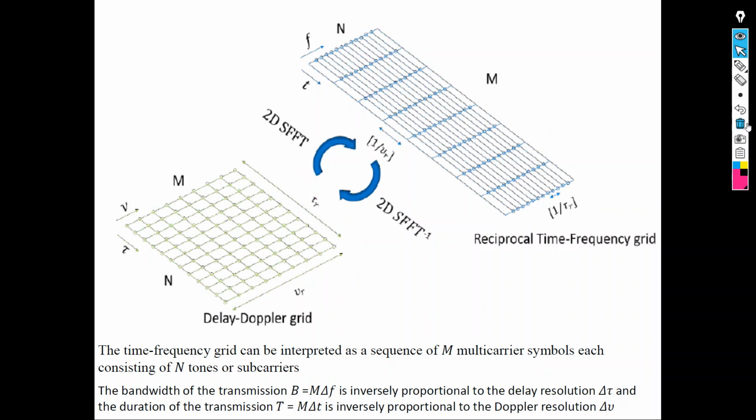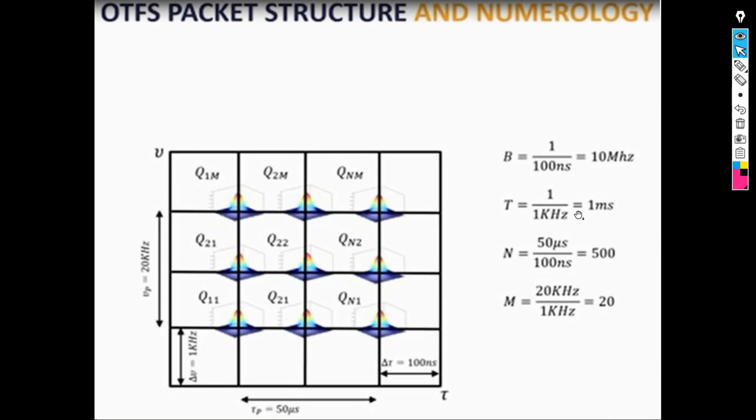Now let's get into the details in the following picture. So you have your QAM symbols. You place them on top of a two-dimensional waveform. This is QAM 1, QAM 2, and so on. You fill the matrix, whatever.